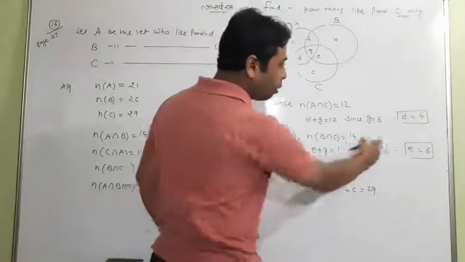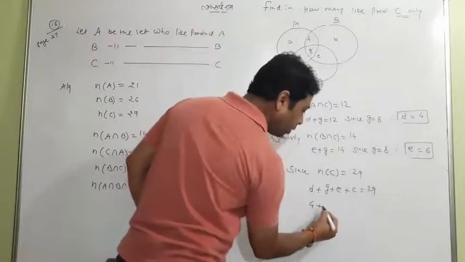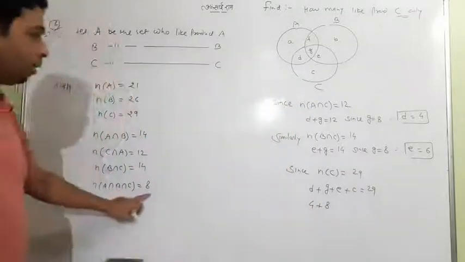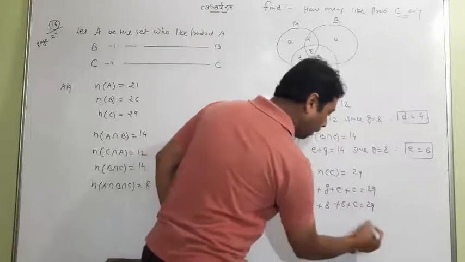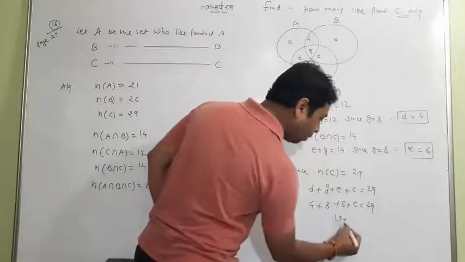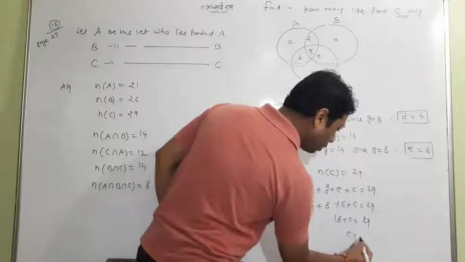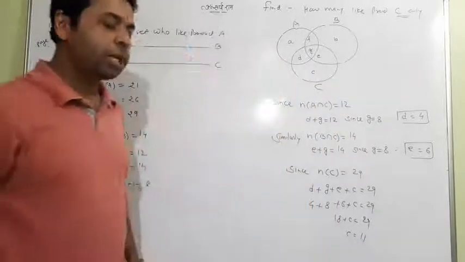D we already got as 4, G as 8, E as 6, and small c we need to find out. This gives 18 plus c is equal to 29. So c is equal to 29 minus 18, which is 11.